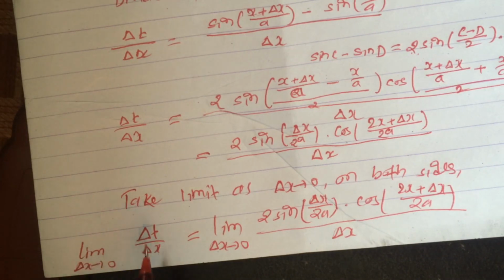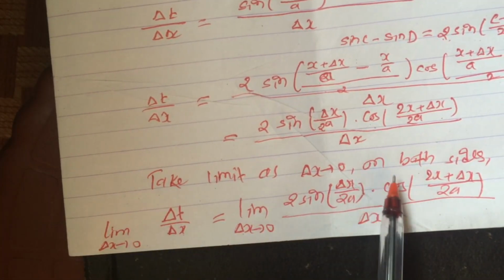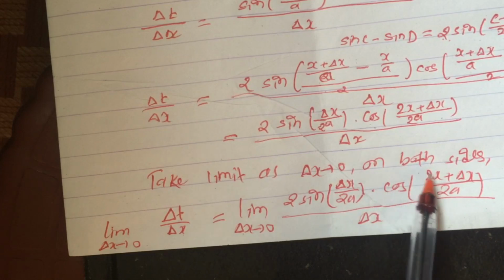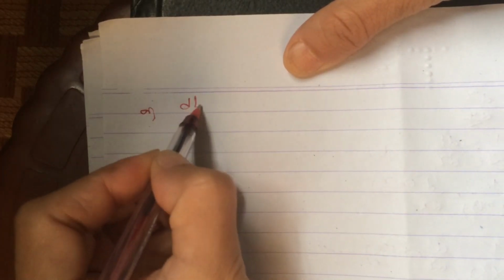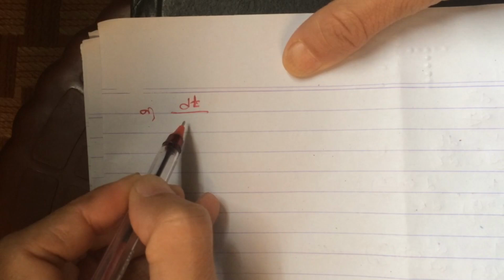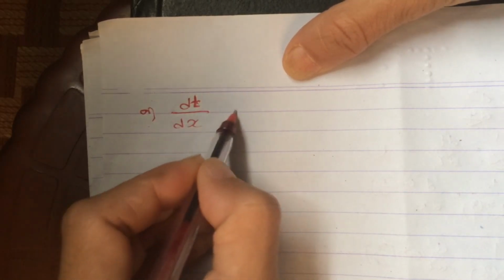Now on the left hand side it is dt by dx, and on the right hand side you can take out this cos of (2x plus del x) divided by 2a out of the limit. Okay, let's do that. From the first principle of derivative, limit del x tends to 0 of del t by del x is dt by dx.